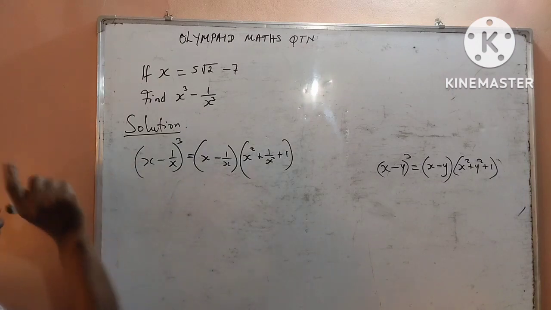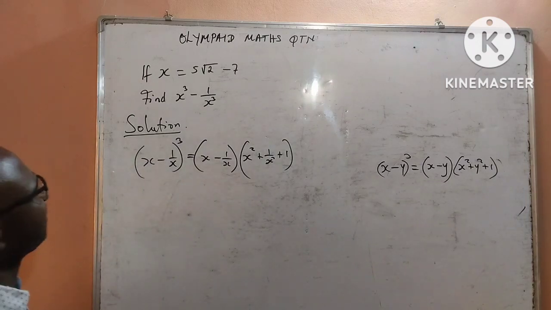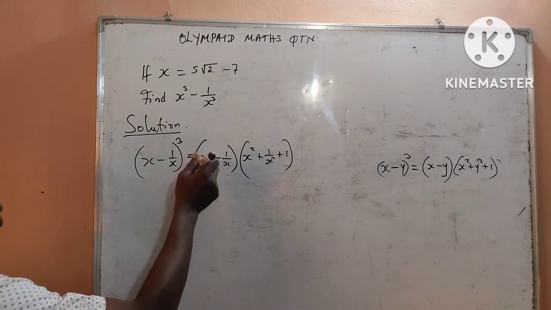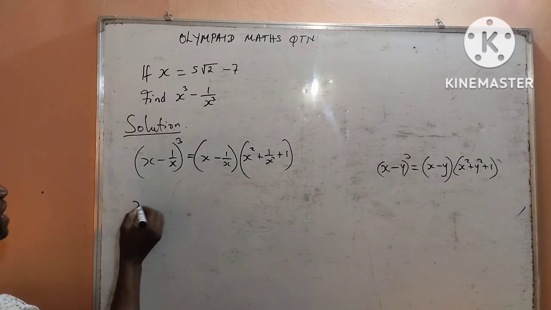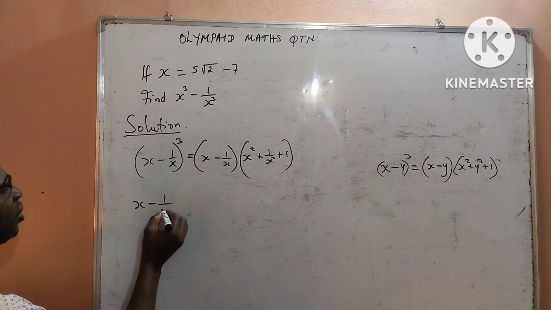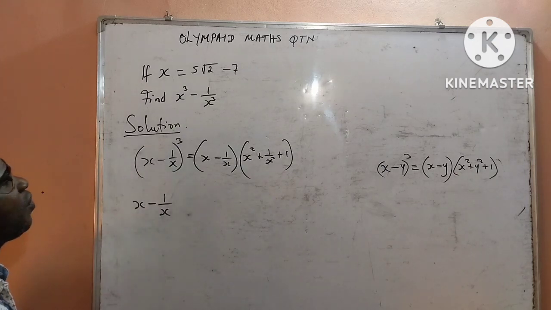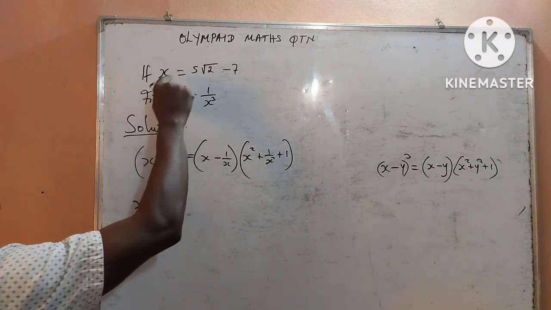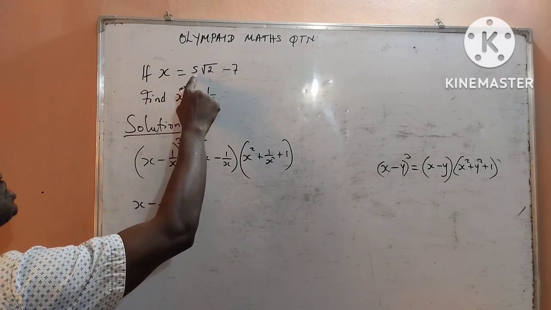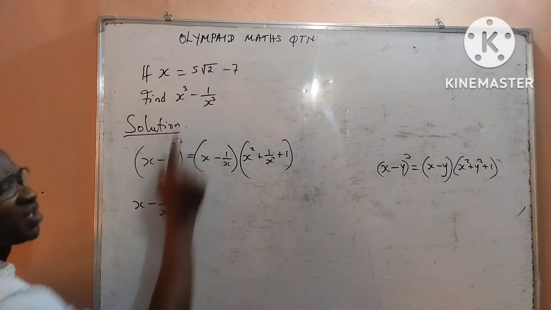As regards this, we are expanding. Now, from the first bracket, I have x minus 1 all over x. I want to work on it. And to work on it, first, I am given that x is equal to 5 root 2 minus 7.